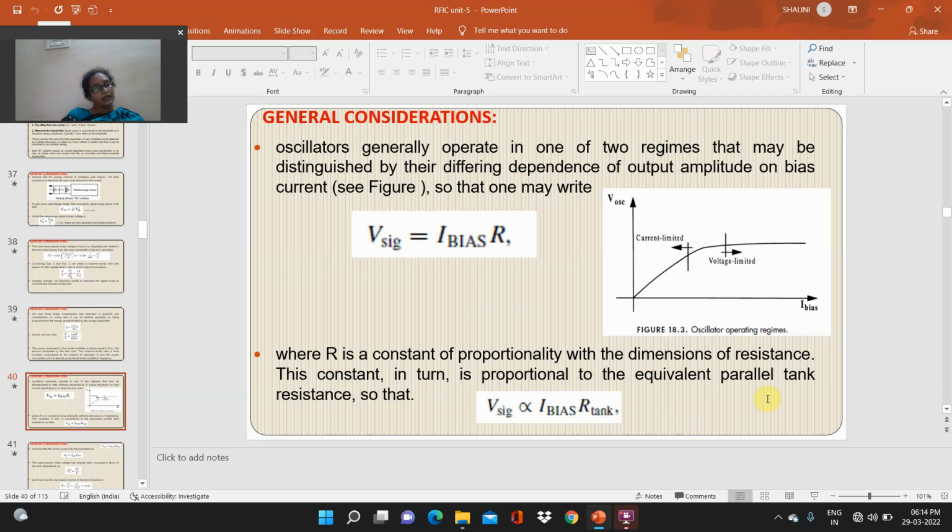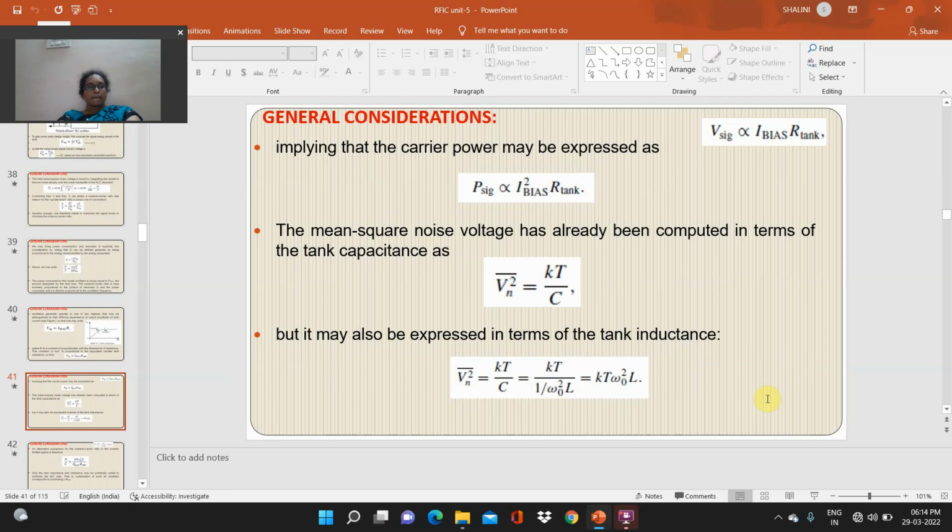Oscillators generally operate in one of two regimes that may be distinguished by their differing dependence of output amplitude on bias current, so that one may write V sig is equal to I bias into R, where R is a constant of proportionality with the dimensions of resistance. This constant in turn is proportional to the equivalent parallel tank resistance, implying that the carrier power may be expressed as P sig is directly proportional to I square bias R tank.